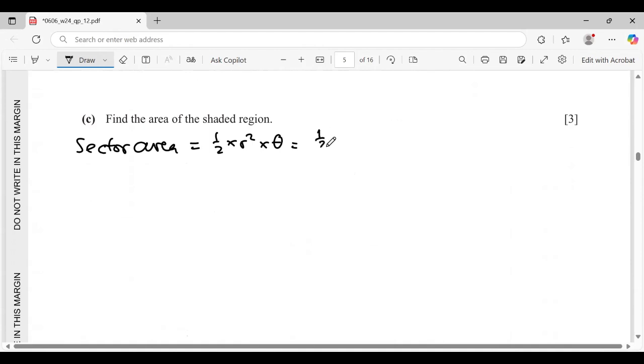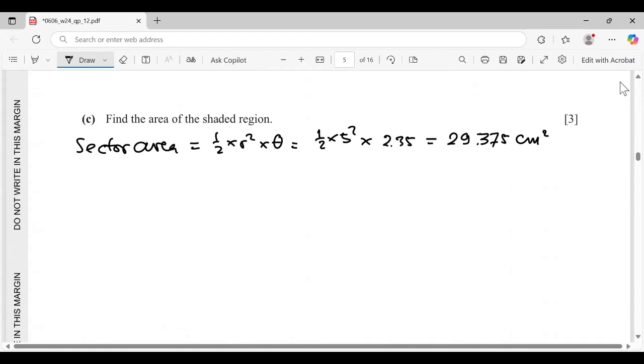So 1/2 times 5 squared times angle ACB, which is 2.35. If you calculate, the result is 1/2 times 25 times 2.35, which is 29.375 centimeters squared.